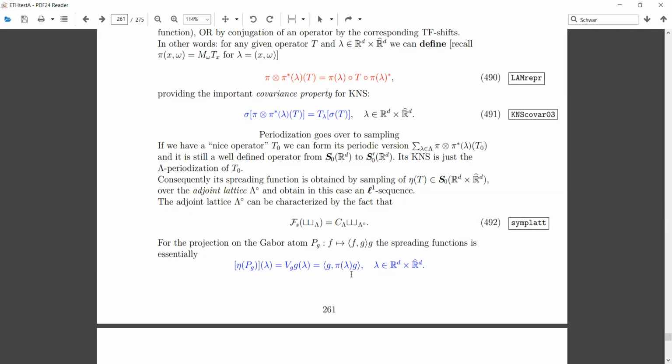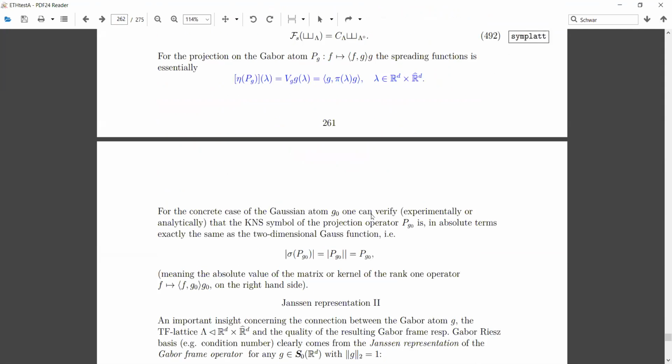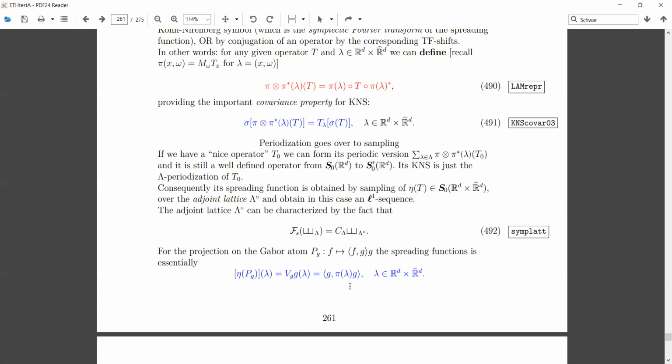Therefore, this is a function which will have good concentration. We usually take the L2 norm of G equal to 1. That means V_G G at 0, which is G against identity operator applied to G, so this is the square of the norm. Then we see that this V_G G has a peak at the origin at 0. And the good properties, meaning smoothness and decay, give good representation formulas.